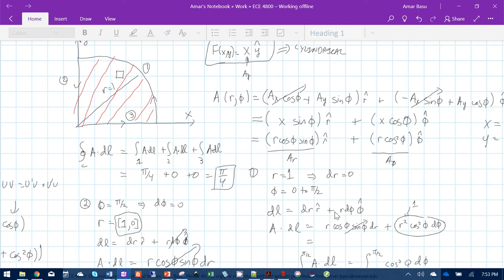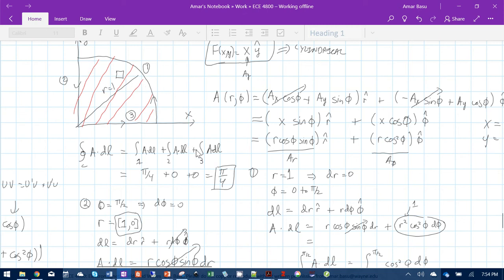That's a good question. It's something that you will get better with experience, but in this problem, the logic you use is: the lines that I'm going to integrate along, are those better defined in Cartesian coordinates, or are they better defined in cylindrical coordinates? In this particular problem, you can see that you're integrating along a circle.